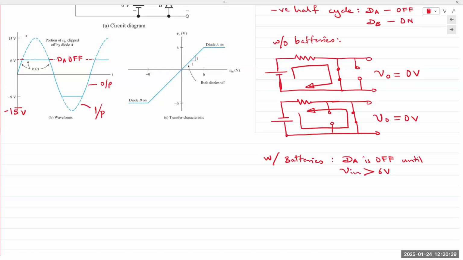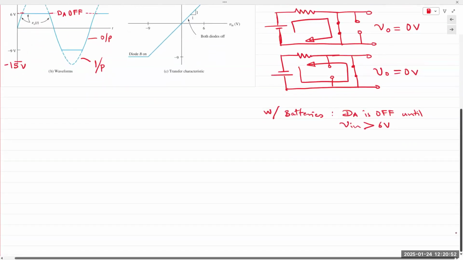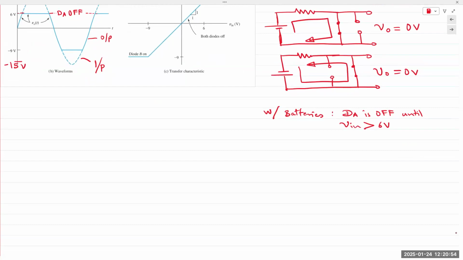Diode DA remains off until the V in voltage exceeds 6 volts. When it crosses 6 volts, diode DA turns on, it becomes a short circuit, and then V out goes to 0.